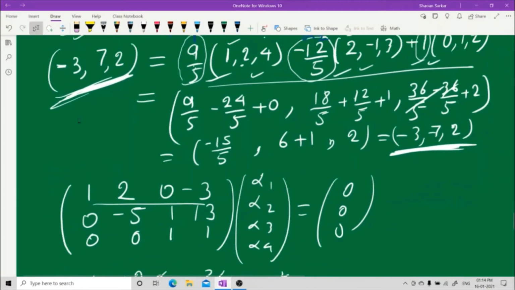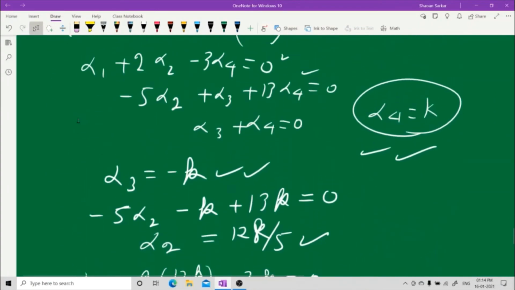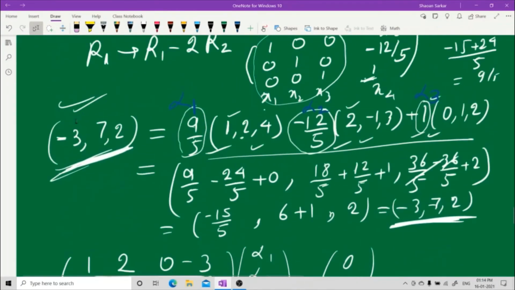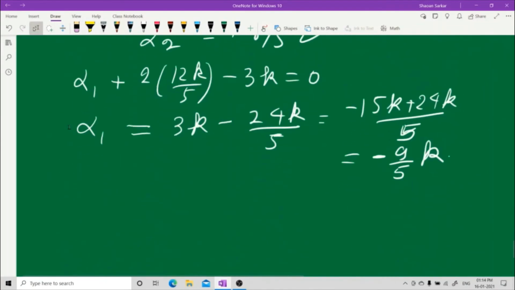That means in the previous part you got alpha 1, and here alpha 1 is for how much? Minus 9 by 5. And in the previous part alpha 1 is 9 by 5, and here alpha 1 is minus 9 by 5. That means alpha 4 has to be minus 1.